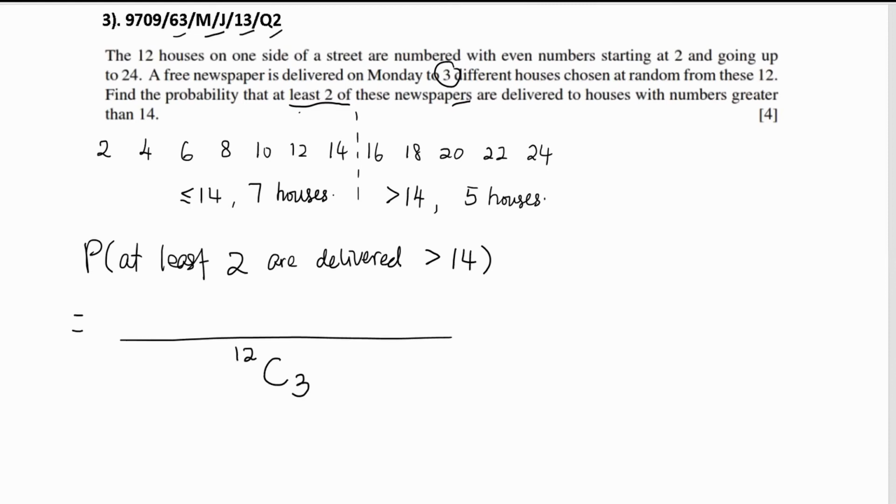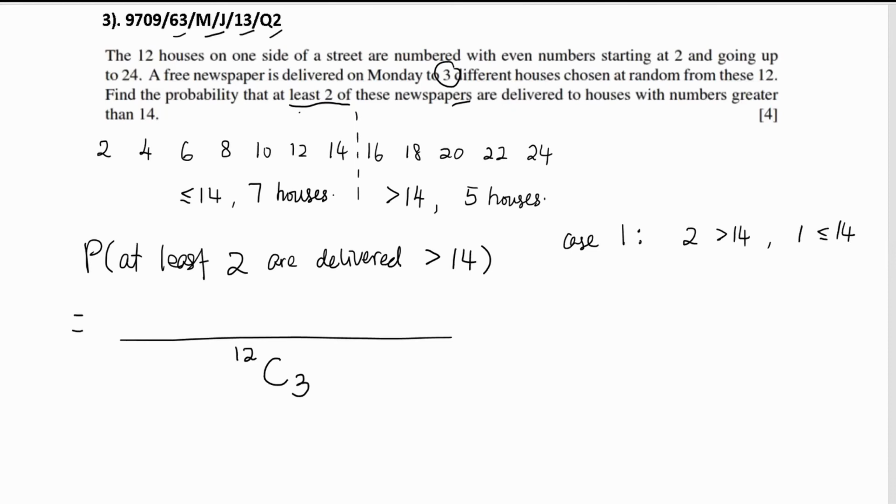And for the particular event, at least 2 delivered to houses numbered greater than 14, we must consider case 1: 2 to houses greater than 14, and 1 to a house less than or equal to 14.